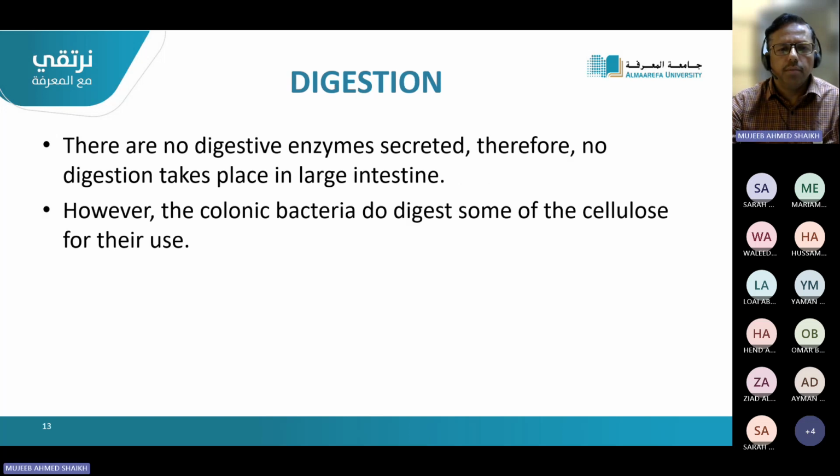What digestion is taking place? Nothing is digested in the large intestine by the human body itself. The undigested material received by the large intestine will be acted upon by colonic bacteria, and they will digest it for their own use, not for the use of the human body. They extract some food from it.